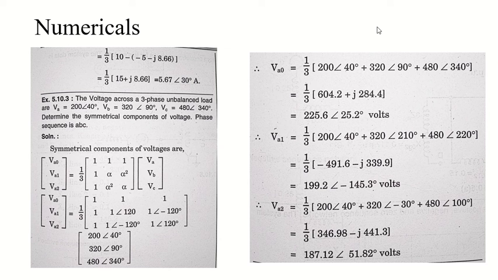You will convert it into rectangular form, calculate its values, and again convert it into polar form, and VA2, the negative sequence voltage, will be 187.12 volts at 51.82 degrees.